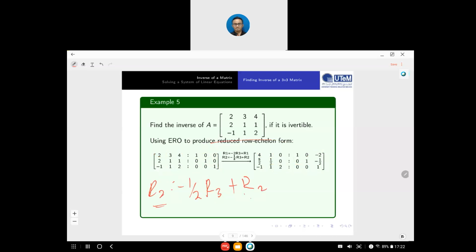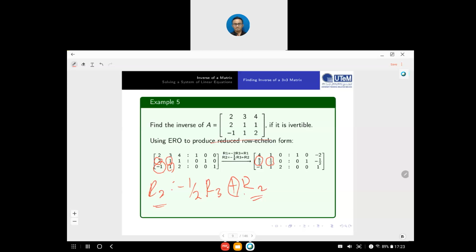You must use the same one and then it must be plus. Negative 1 over 2 times negative 1 is 1 over 2, 1 over 2 plus 2, so you get 5 over 2. Same thing: negative 1 over 2 times 1 is negative 1 over 2, plus 1 is 1 over 2.